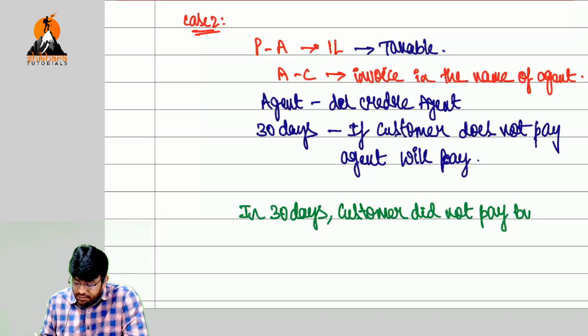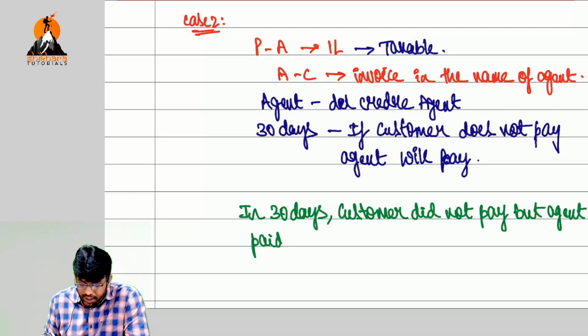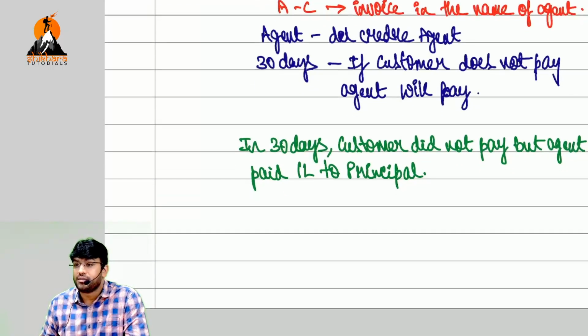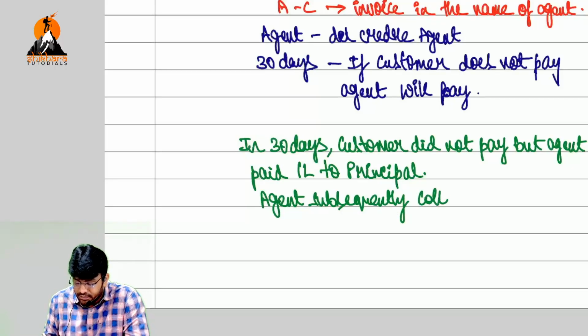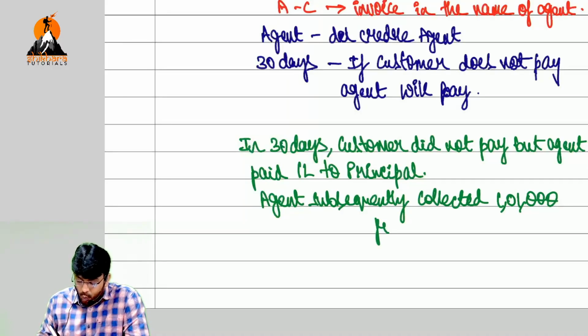But agent paid 1 lakh to principal. Sir, I hope you are getting the point. And agent subsequently collected 1,01,000 from customer.